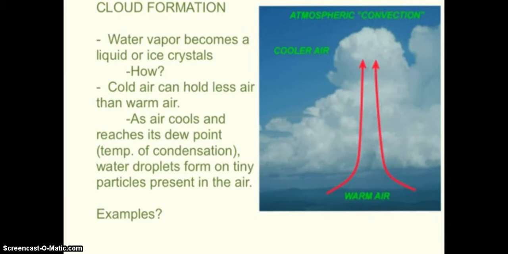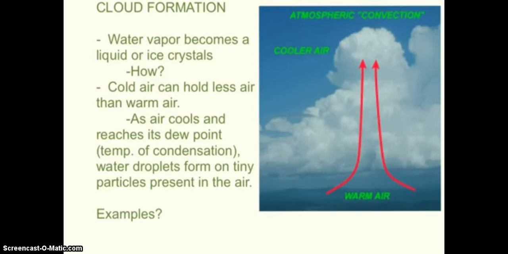When we have that water vapor up near the cooler air, when we reach a specific temperature that we call the dew point, that colder air and the water in it, when they reach that dew point, condensation is going to occur. Condensation. So the reason that happens is colder air just can't hold as much moisture as the warmer air does. So as the water vapor reaches that cooler air, the water vapor condenses and forms a liquid or an ice crystal.